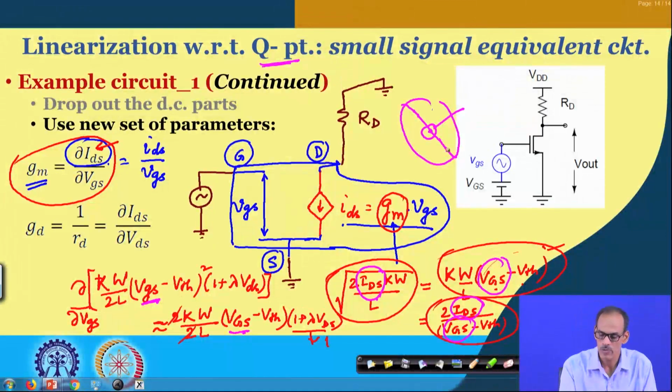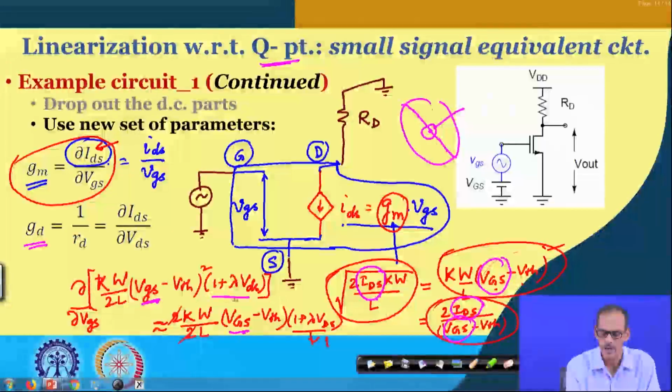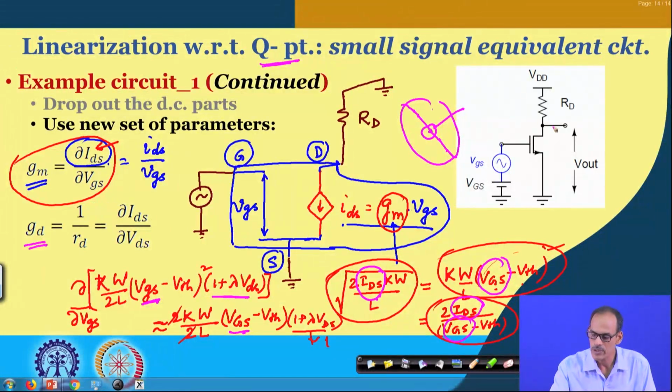So, this is one important small signal parameter, and we also have another important parameter. So far we are ignoring the 1 plus lambda VDS part, which means the dependency of the current on the output voltage. If you consider that, IDS is dependent through this 1 plus lambda VDS part.